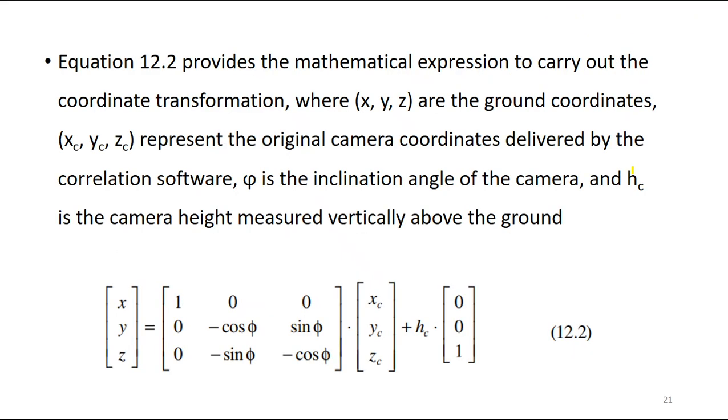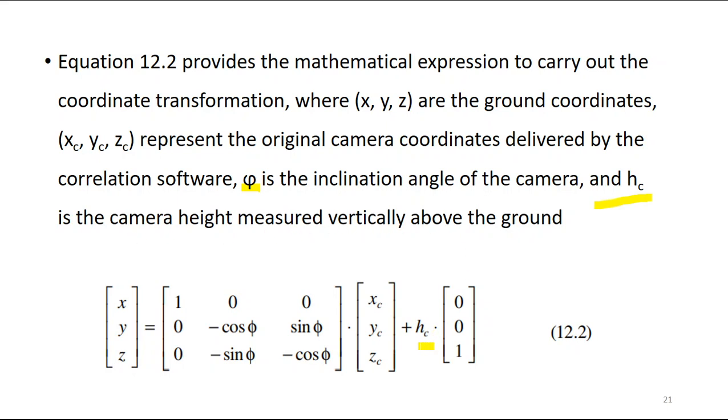Equation 12.2 provides a mathematical expression to carry out a coordinate transformation, where x, y, z are the ground coordinates, and xc, yc, and zc represent the original camera coordinates delivered by the correlation software. Ψ is the inclination angle of the camera, and hc is the camera height measured vertically above the ground.